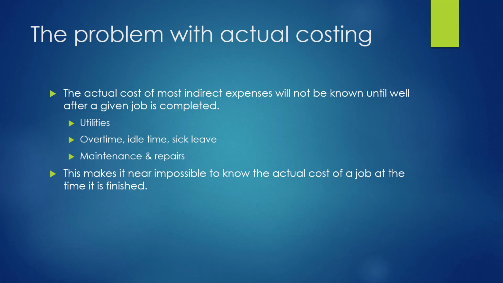Based upon your company's historical precedent, you'll know what your normal amount of all of these indirect expenses is going to be during a period. And when you know reasonably what the normal amount of these indirect costs is period to period, you can spread those costs out to jobs at the time that they're finished or when the period ends based upon that normal amount, and they call that normal costing.